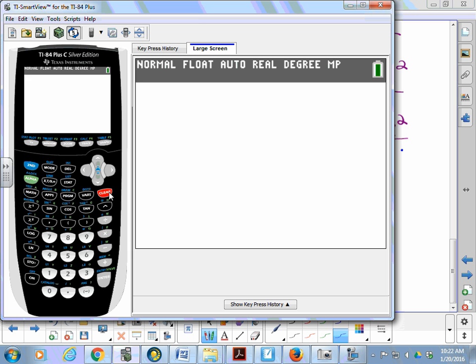If you have the fraction bar, here's the other way you can do it on your calculator too. I can go ahead and use my fraction bar: 8 squared minus 9 squared minus 7 squared in the numerator, and negative 2 times 9 times 7 in the denominator.